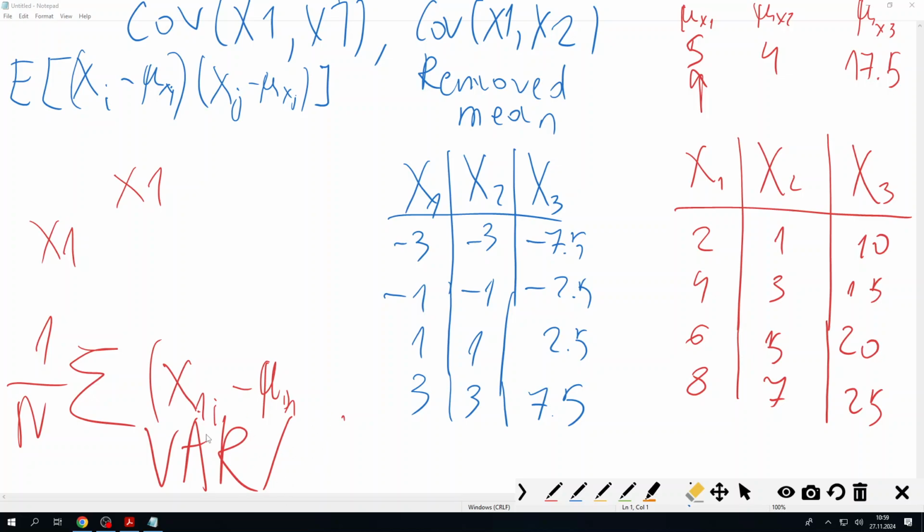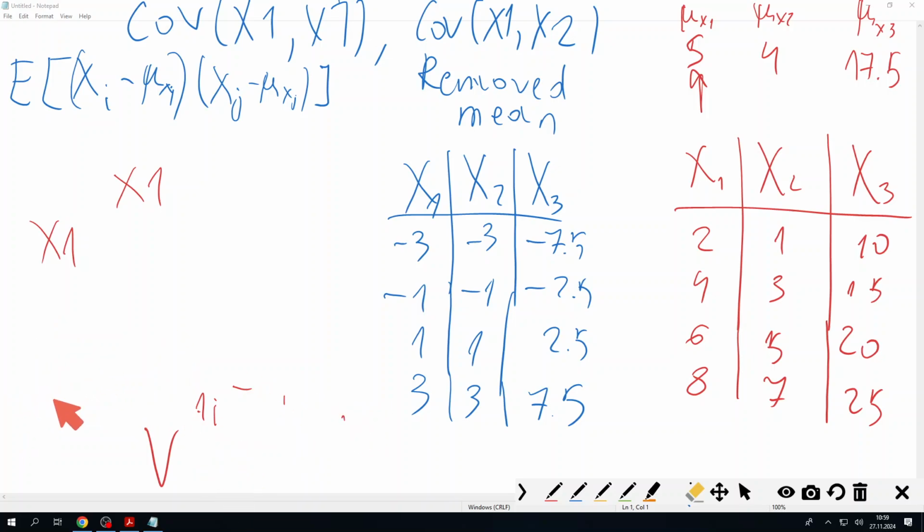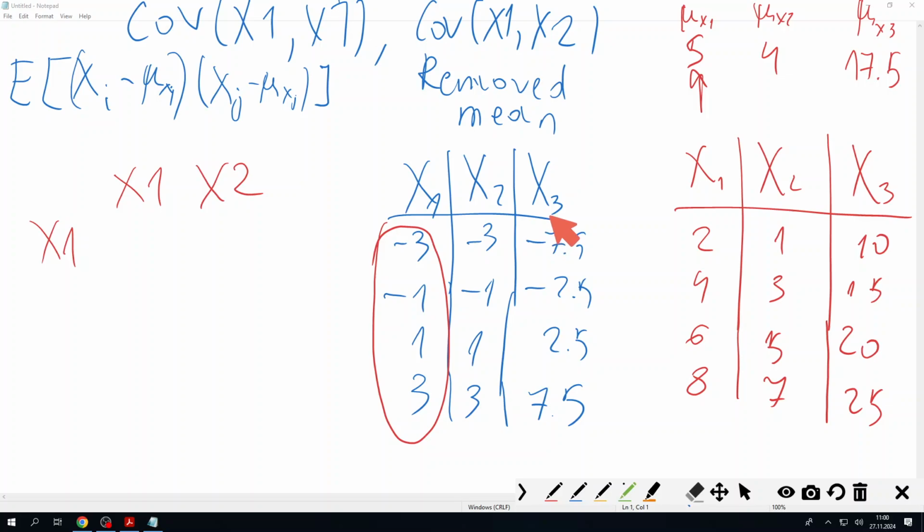So what that means is, let's see for example. I need to take this column and, well, maybe let's take x1 and x2 instead, because having the same column is not fun. Let's say x1 and x2, the numbers are actually the same. So anyway, these two.